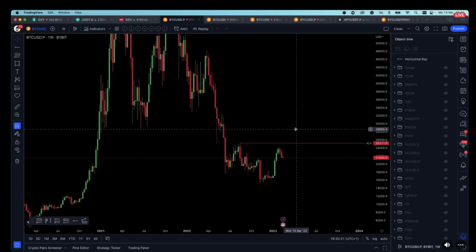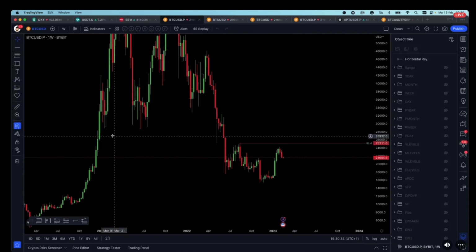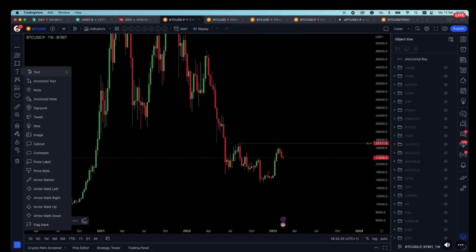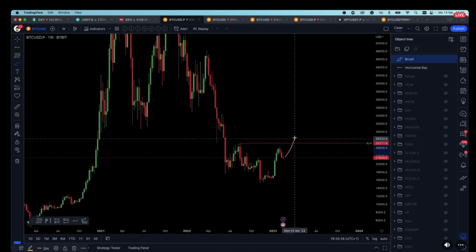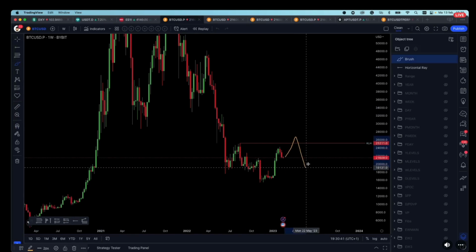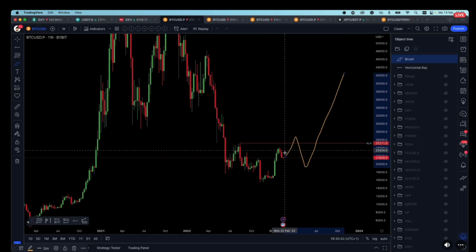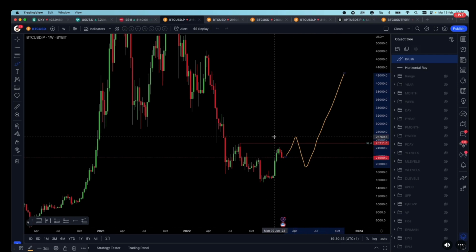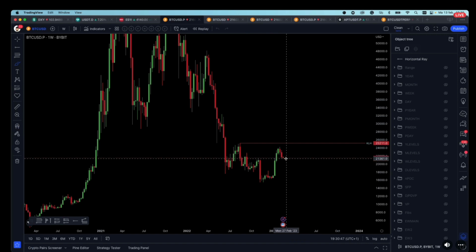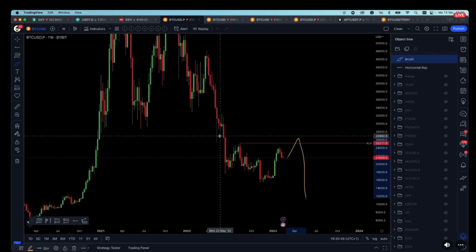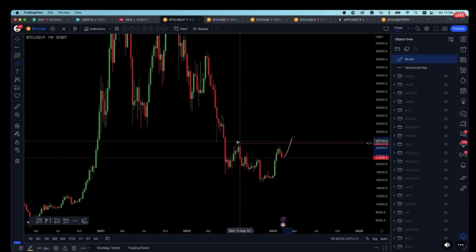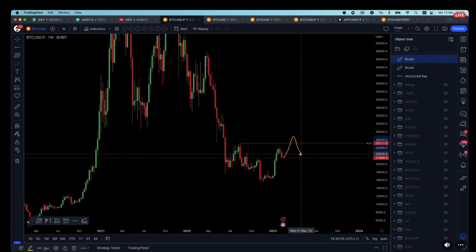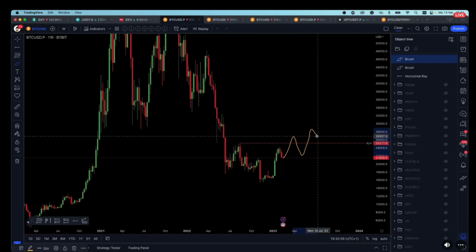If we can break that level, then we should be looking for a higher low next. So we break that level, higher low, and then we move higher for an accepted change in market structure. So this can happen as well. But what I'm looking for is to break market structure, make a higher low, then a higher high, and then another higher low.